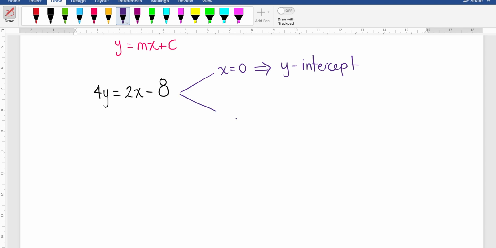And if I do y equal to 0, then I'm going to find the x-intercept. Okay? We're going to do this with the CAS. It's also important that you know how to do this by hand, also in your algebra skills, okay, girls? So it's so important that you also practice how to do it by hand.